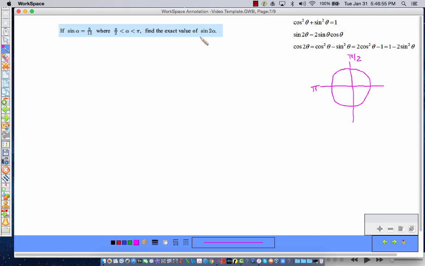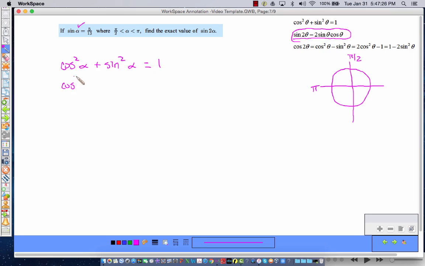So we have to find sine 2 alpha, and sine 2 theta is equal to 2 sine theta cosine theta. Well, I have sine, but I do not have cosine. So I have got to get cosine. I can do that using the Pythagorean identity, which says that cosine squared alpha plus sine squared alpha has to be equal to 1. So I can use that to solve for cosine.